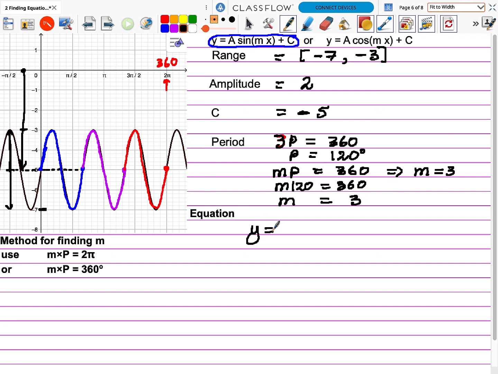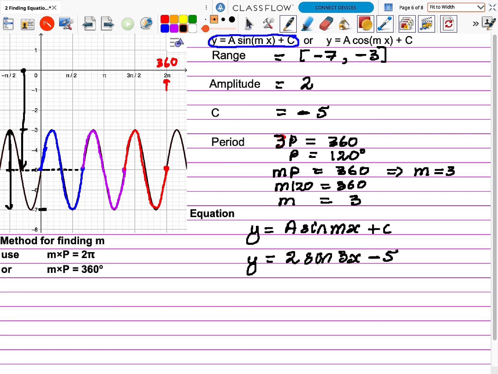We've already identified that this is a sine function, so a sine mx plus c is the general form. So we know the value of a is 2, we know the value of m is equal to 3, and we know the value of c, the displacement, is -5.